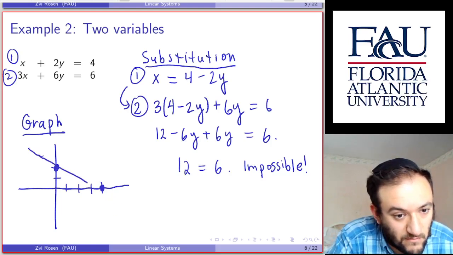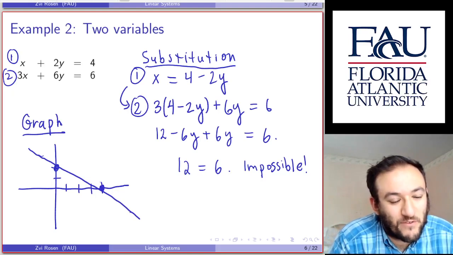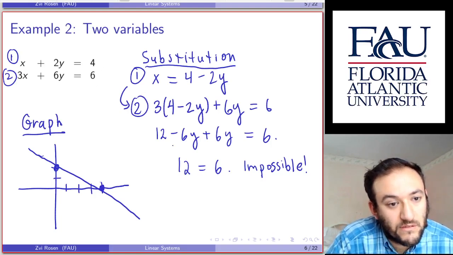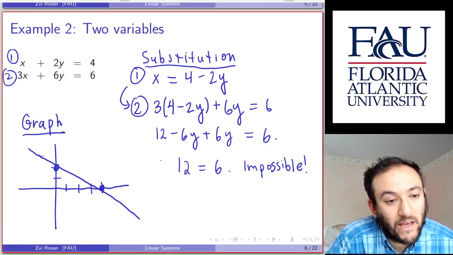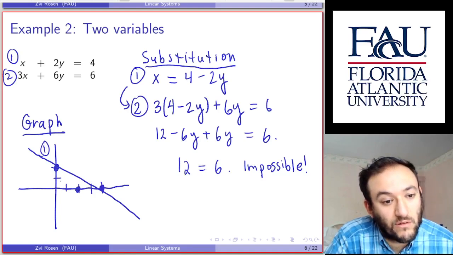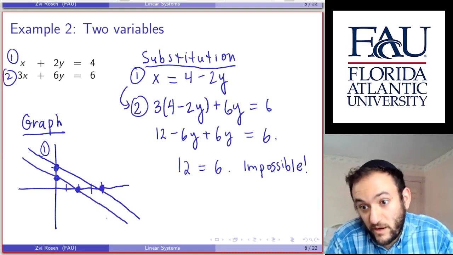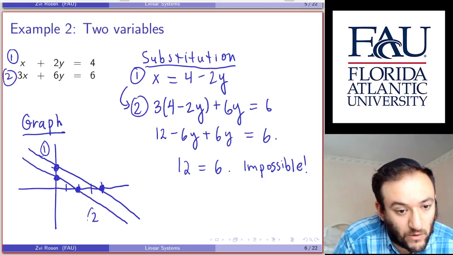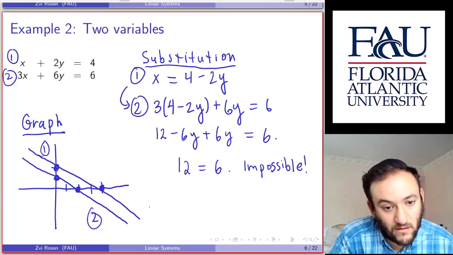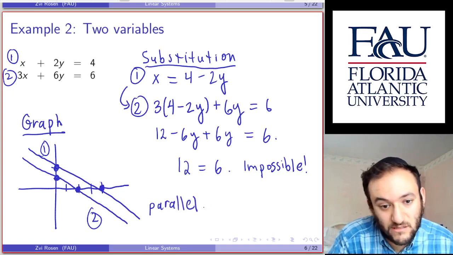For number 2, when we plug in y equals 0, we get x equals 2, and when we plug in x equals 0, we get y equals 1. So we get this line. And these are two parallel lines, so they don't meet anywhere. That means that this system of equations has 0 solutions.